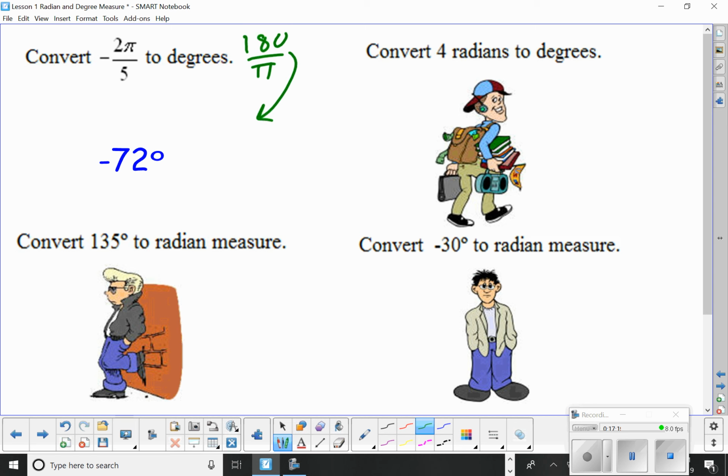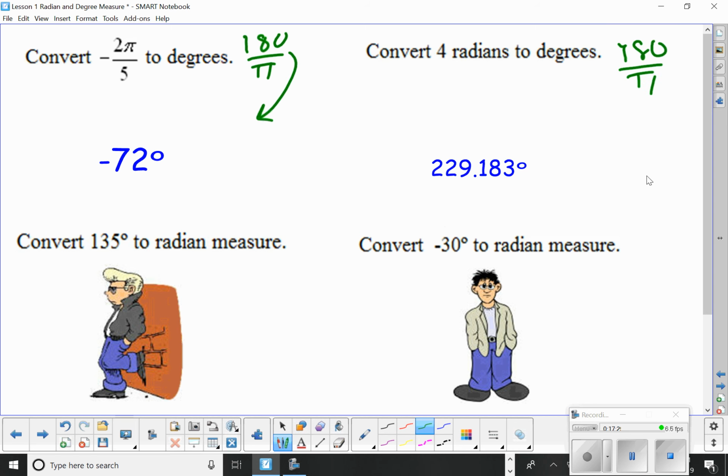For radians to degrees, this gets a little weird because I'm going to multiply by 180 over pi. And here, this is the only time, and if I ask you to do this, I would give you a calculator, okay? 229.183 degrees. When you're doing degrees, just don't leave pi in the denominator, okay? And don't have some crazy huge number, just simplify it.